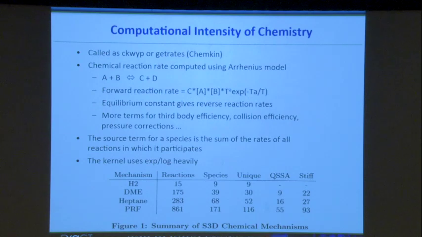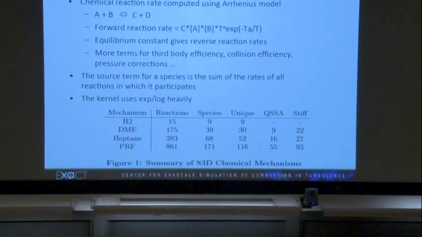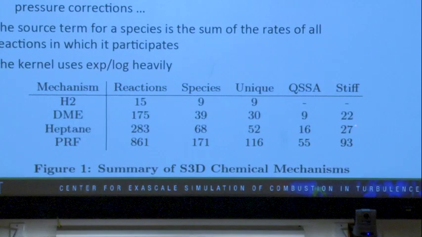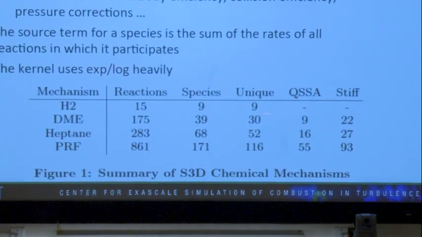And to give you an idea of the number of reactions for a range of fuels that we've considered, from hydrogen, which has 9 species, 15 reactions, to DME with about on the order of 30 species, heptane 52, and 16 species are in QSSA. 27 of those are stiff.